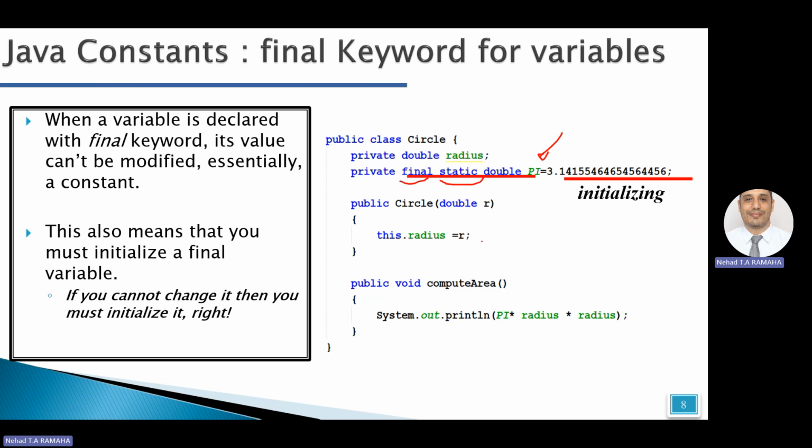If you cannot change it after the definition, after this line, you must initialize it, give it initial value, because after this statement, you will not be able to give any value for the variable.